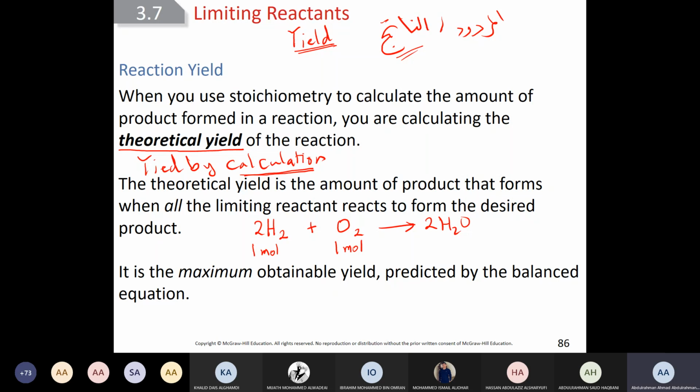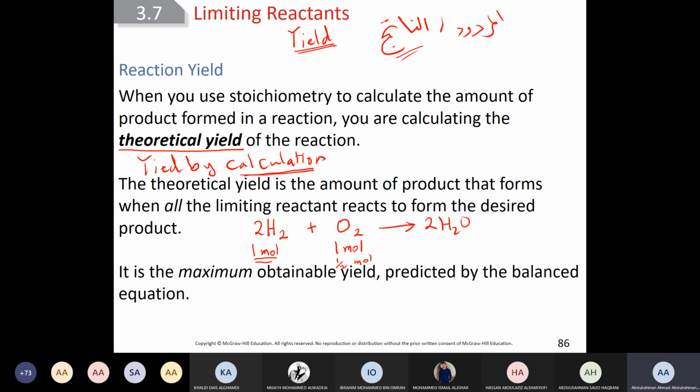Why? Because 1 mole of H2 will react with how much oxygen? Half, just half mole of oxygen, and the other half mole will be extra. Is this clear?